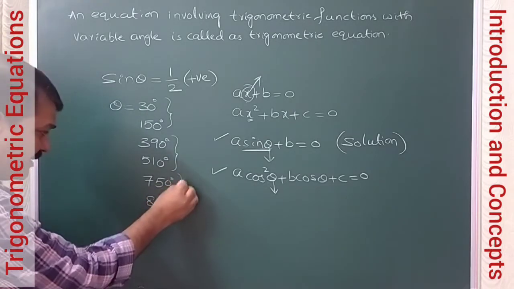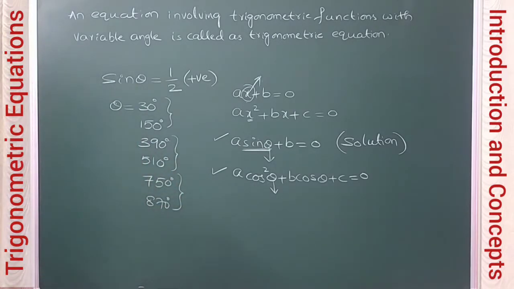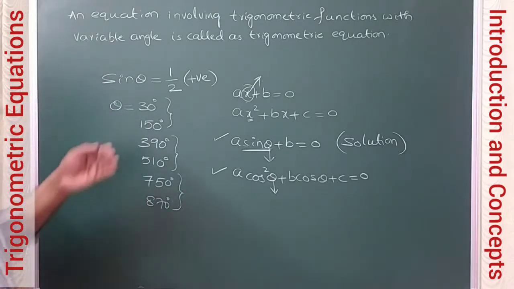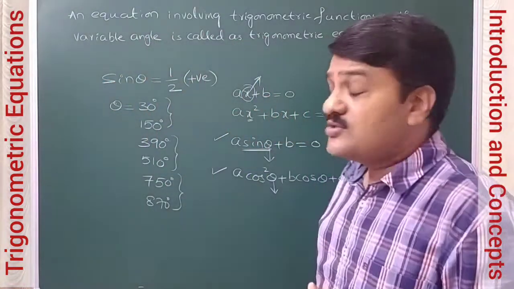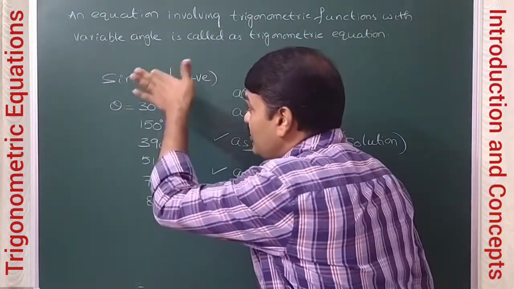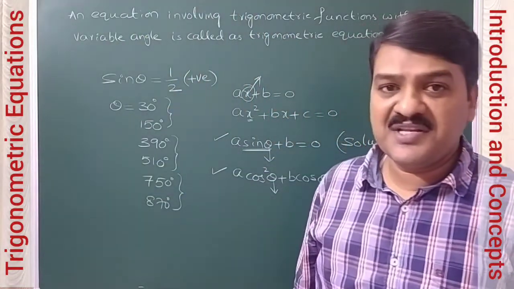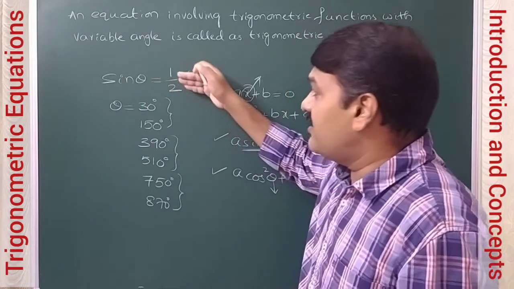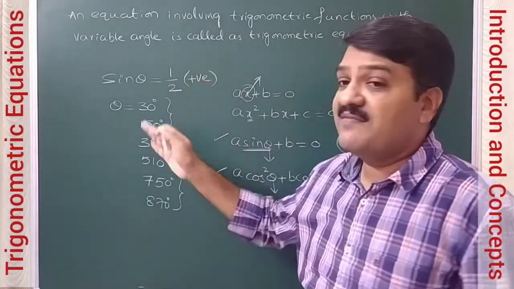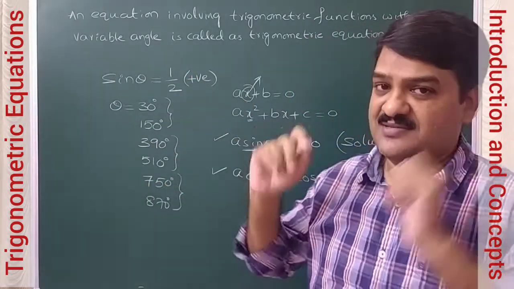Like that we keep on adding 360 degrees and the solutions keep on coming. All these satisfy the given trigonometric equation, so all these are called solutions of this trigonometric equation. Therefore, for any trigonometric equation, we have infinite solutions.